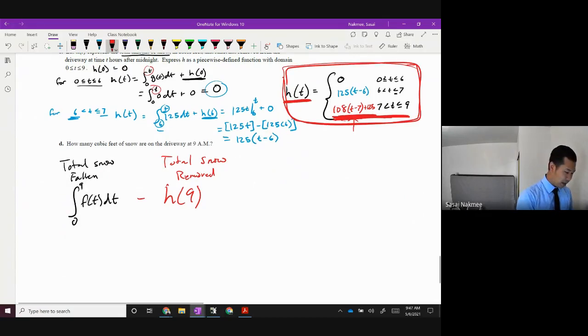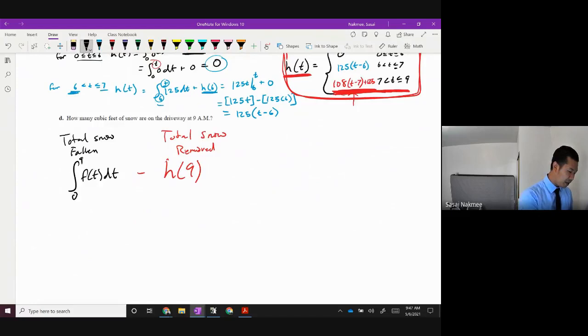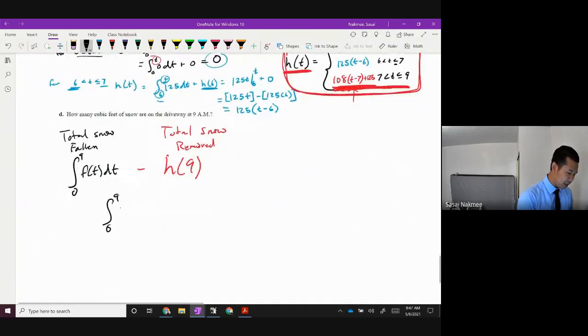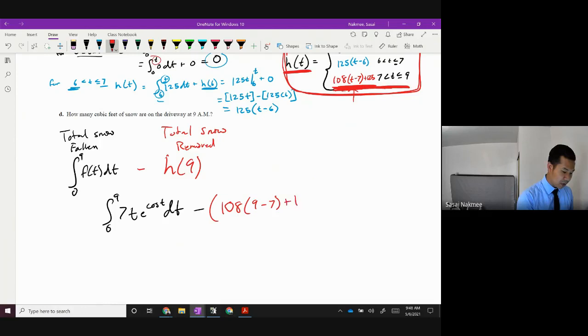So to calculate this last problem for part D, it would be the integral from 0 to 9 of, what was my f function again? It was 7t e to the cosine of t, 7t times e to the cosine of t dt, minus h of 9, which is just the function 108 times 9 minus 7 plus 125. And that's it. That will tell us how much snow there is.